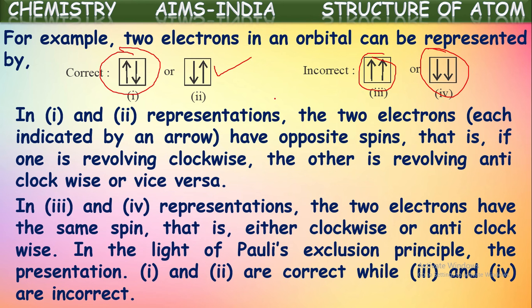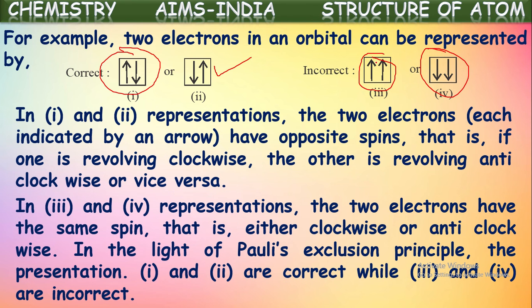They will get all four quantum numbers the same, which is not possible and which is in contradiction with Pauli's principle. In the light of Pauli's exclusion principle, representations 1 and 2 are correct, while the third and fourth are incorrect. So one should be the clockwise spin, the other should be the anti-clockwise spin. That is the only correct one. This limits the number of electrons in an orbital to 2.